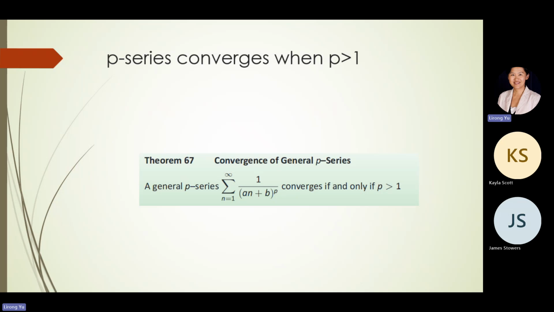It cannot be 1 because we know if P equals 1, it diverges, like the series we already tried, the summation of 1 over n. That was the notation, n goes from 1 to infinity. The actual calculation is 1 plus 1 over 2 plus 1 over 3 plus 1 over 4.